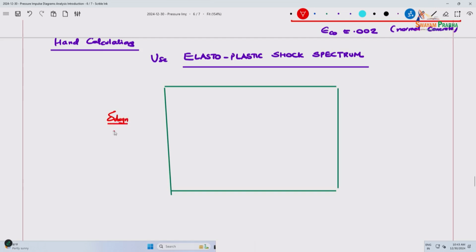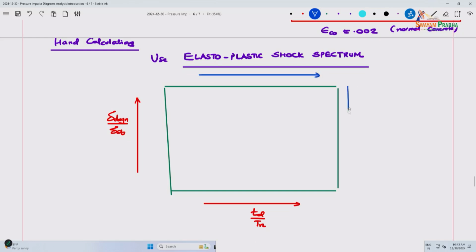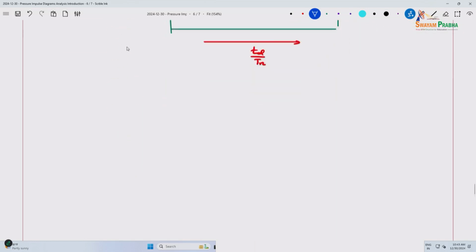The other x-axis is Td by Tn. And these two axes represent Rm by F naught.